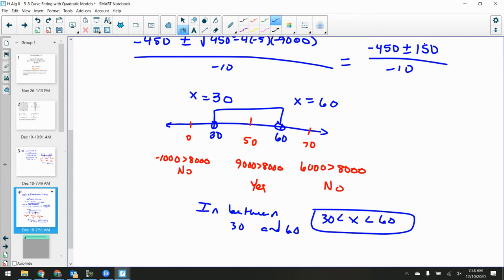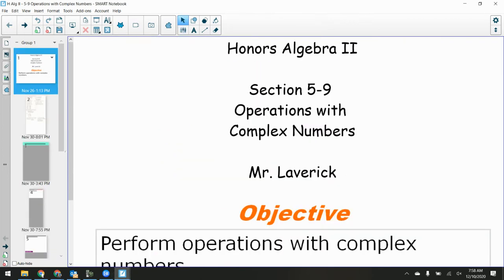Okay. Let's get back to section 5.9. So again, in this set of lessons, section 5.7 and 5.9, ones that I would say don't really fit anywhere else, right?